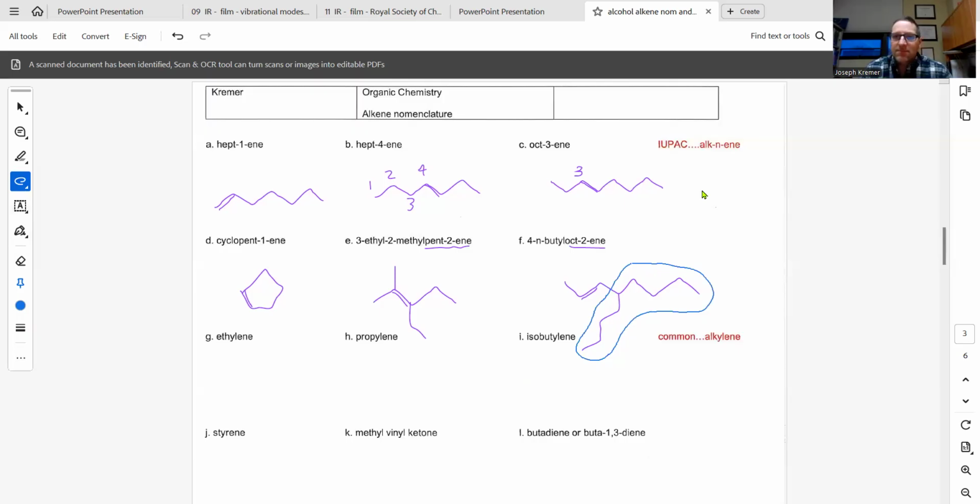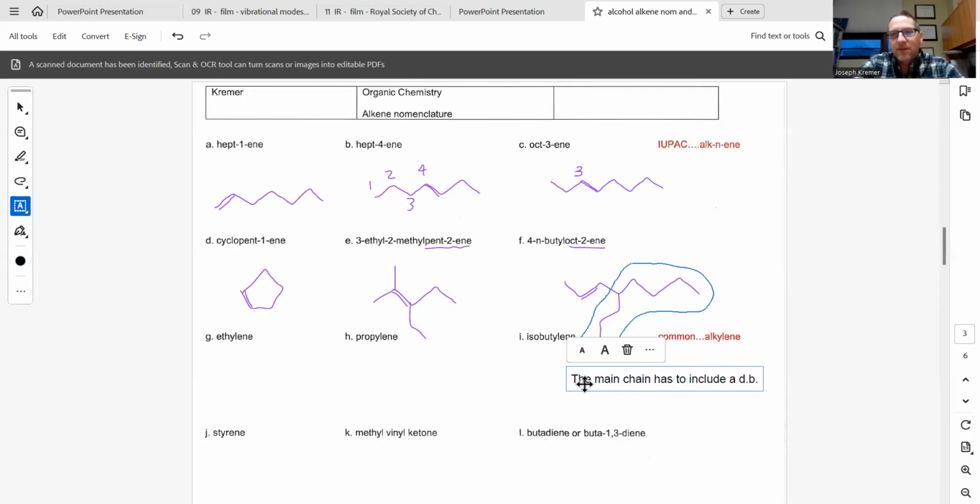That's more carbons in it. There's 9. That beats 8. Well, the main chain has to include the double bond because it's that important with respect to reactivity. So the main chain has to include a double bond at the expense of a longer main chain.